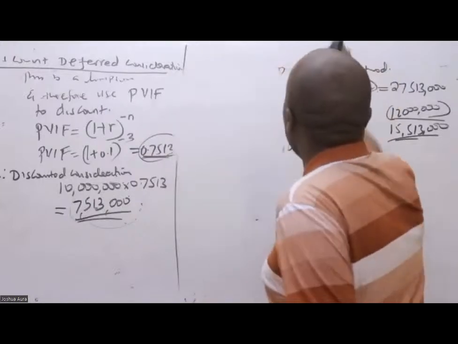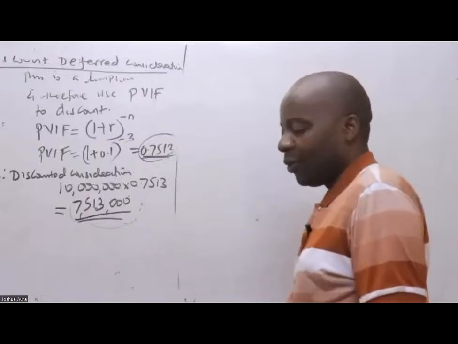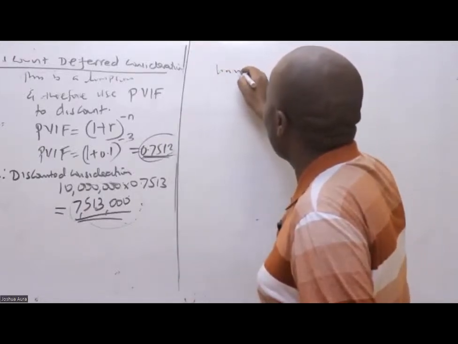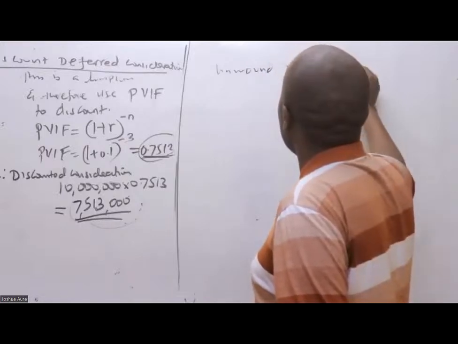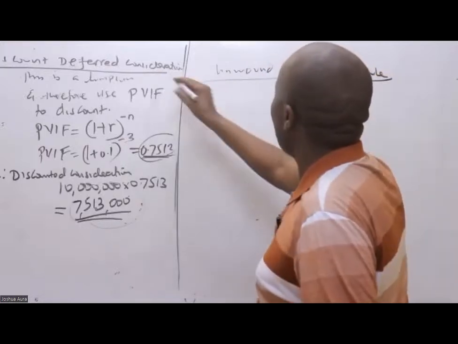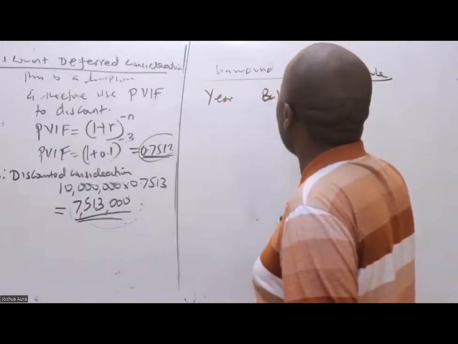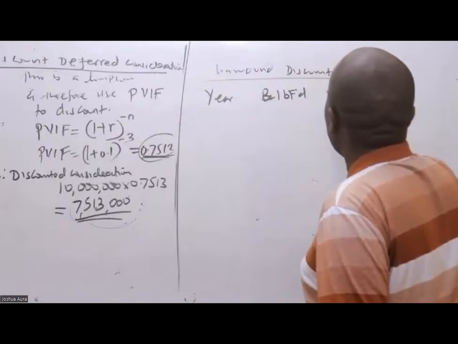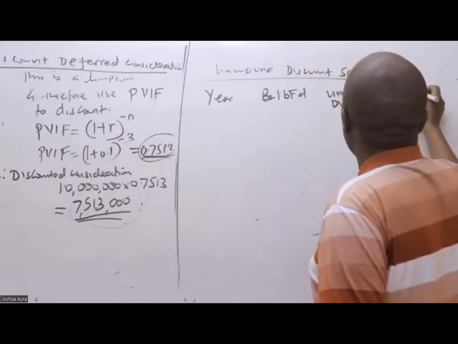Unwound discount schedule. It's very easy. I hope I'll get 1 more minute here very fast. So we have here balance brought forward, unwound discounts, and the balance carried forward.